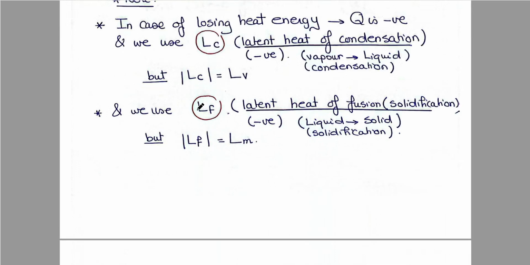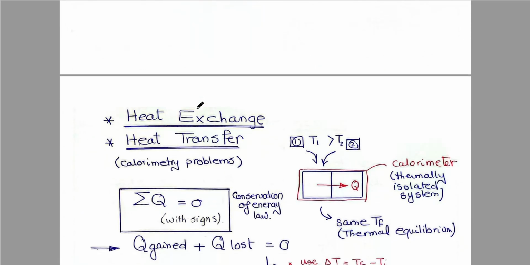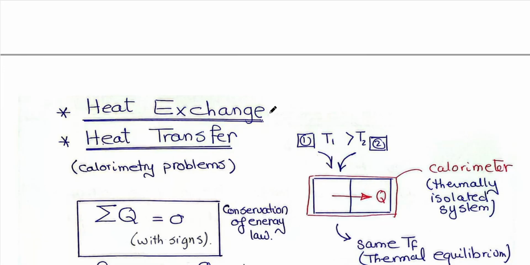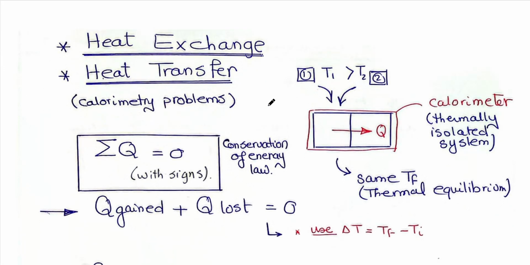Now we will examine what will happen in the problem of heat exchange. This is very important to solve the heat exchange, heat transfer, or calorimetry problems. Remember, in the beginning of the lecture, we were saying we have a hot body at T1 and a cold body at temperature T2.